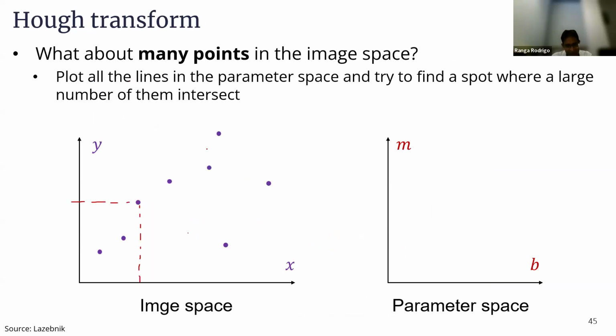If you take any set of points, we do not know whether there's a line. You take any point like this, so that point, let's say, is x2, y2.